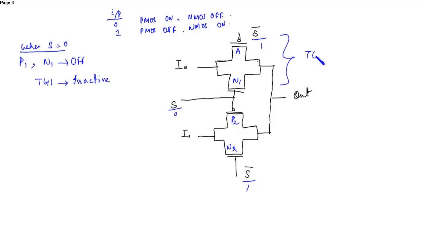This is the transmission gate 1. This is the transmission gate 2. In transmission gate 2, you can see here at P2 0 is applied, at NMOS 1 is applied. So P2 and N2 will turn on, that is transmission gate 2 is active.